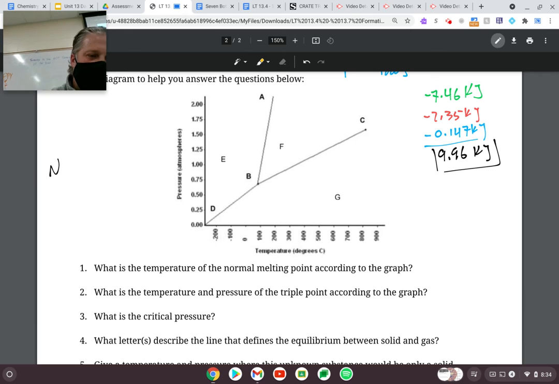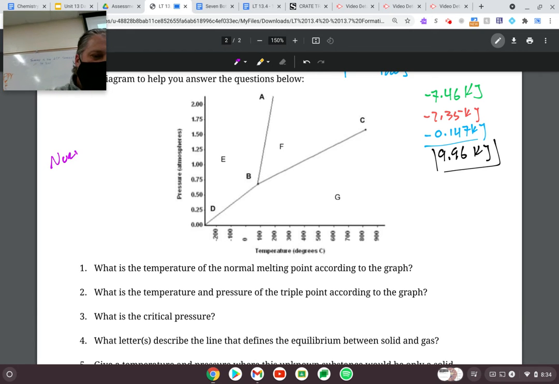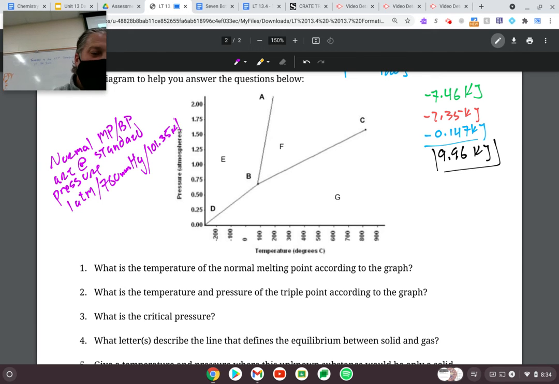So normal melting point and boiling point are at standard pressure, which you might remember to be 1 atm, 760 millimeters of mercury, or 101.325 kilopascals.